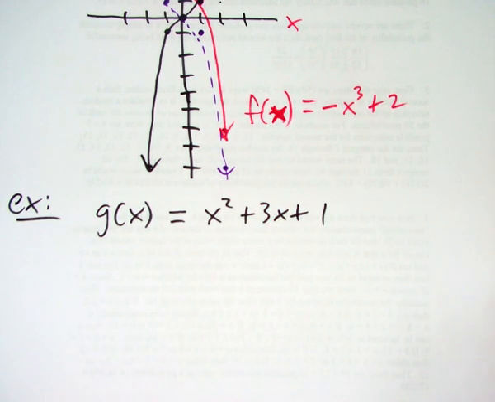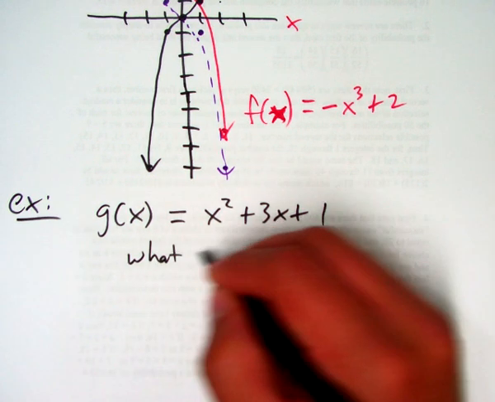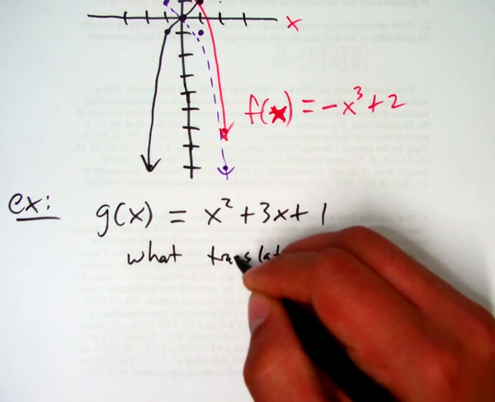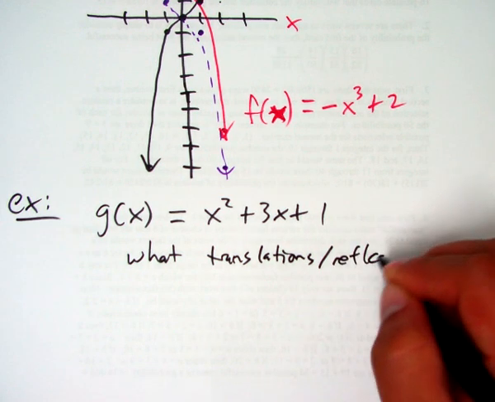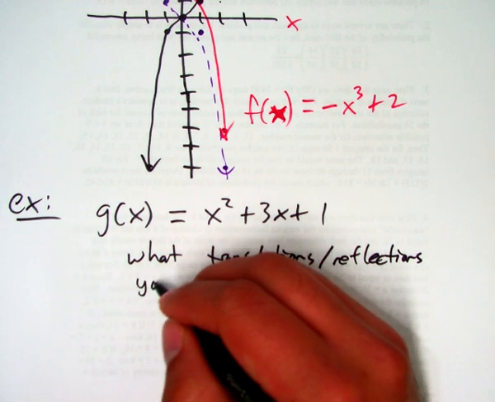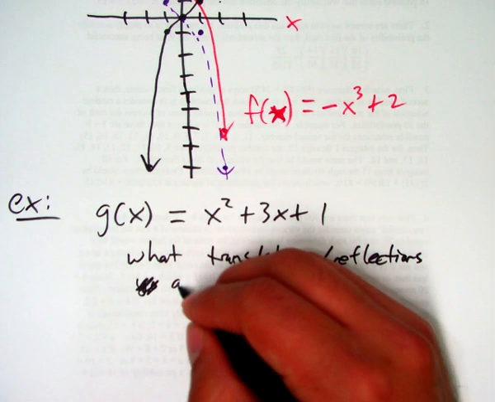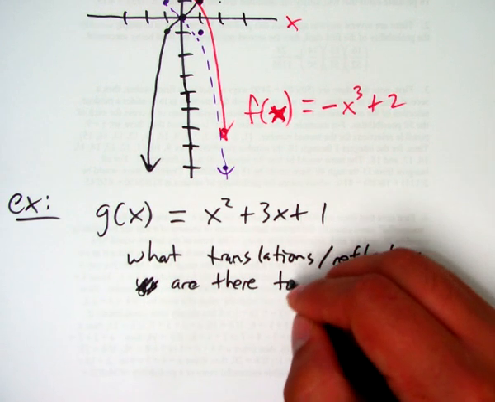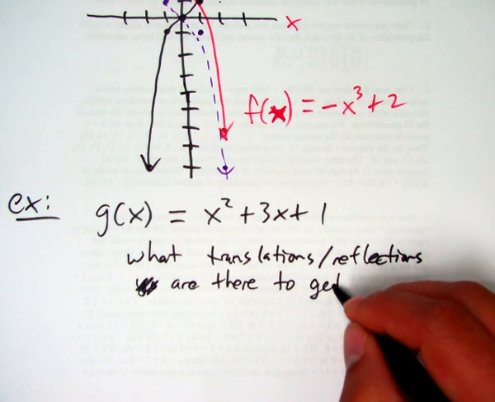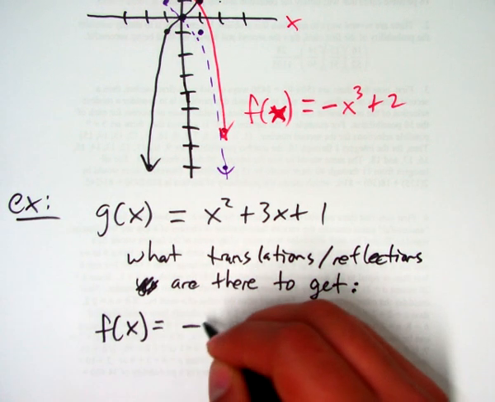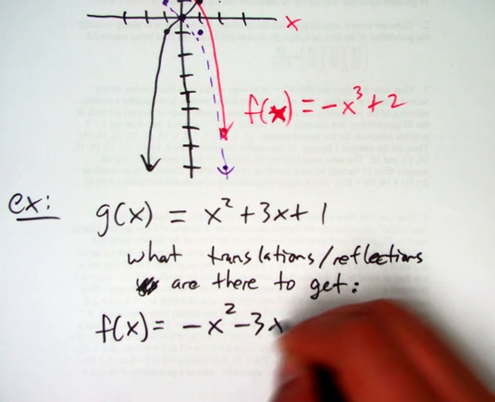And I want to know what steps or translations and reflections you can do. So let's say, what translations or reflections are there to get this new graph? Let's say f of x equals negative x squared minus 3x.